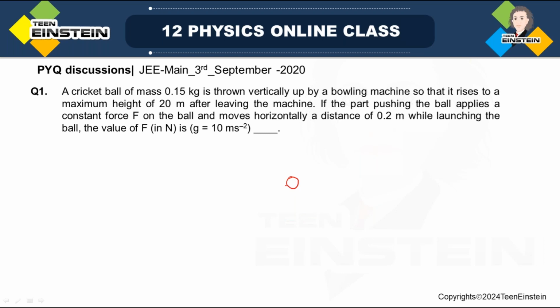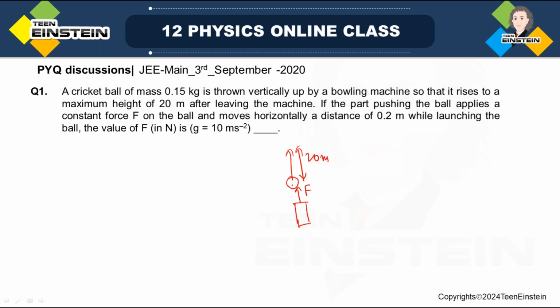Suppose it was here, it comes and hits it. So it applies certain force and moves horizontally while the ball is going up like this. So this goes up to 20 meter.